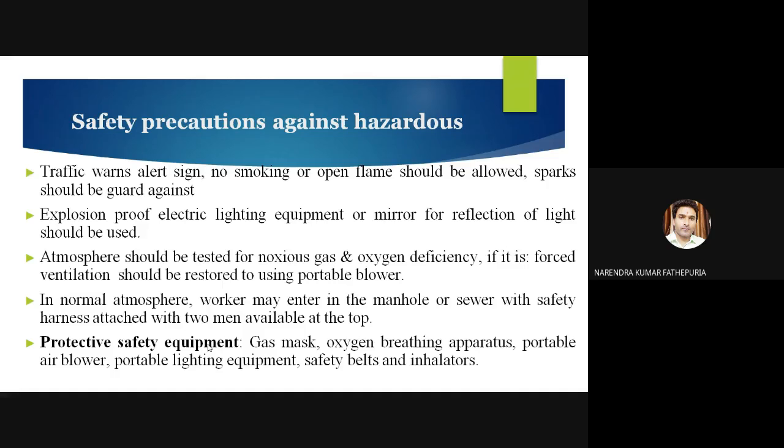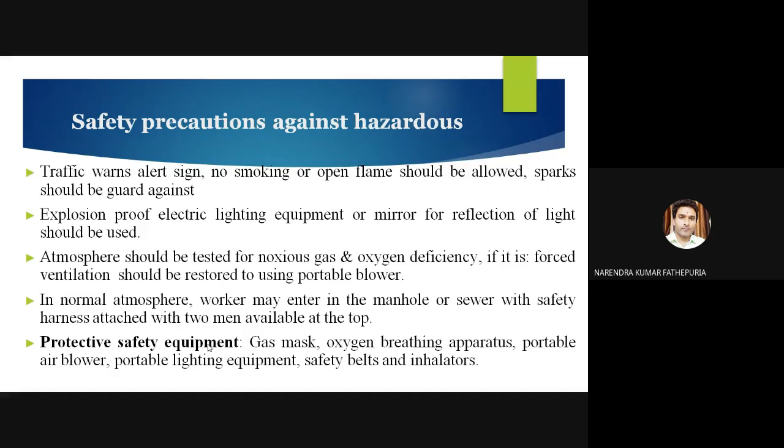We need a sufficient amount of oxygen inside the sewer pipeline if you are sending a person. So he has to carry an oxygen cylinder, or you have to blow sufficient oxygen inside so the person can survive easily. If not, then forced ventilation should be provided using portable blowers. In a normal atmosphere, workers may enter manholes and sewers with a safety harness attached, with two men available at the top.